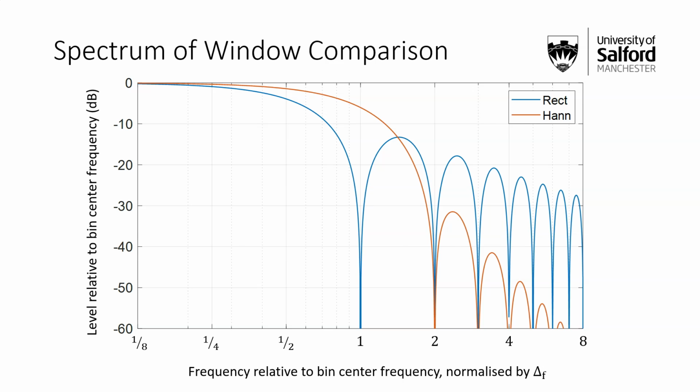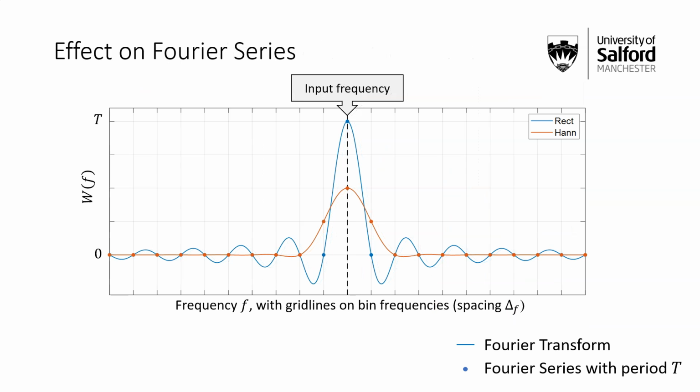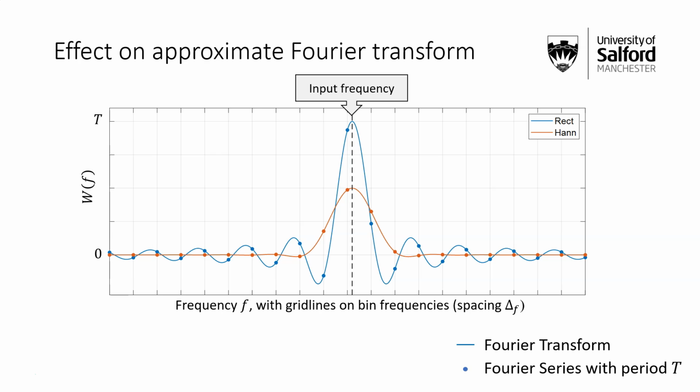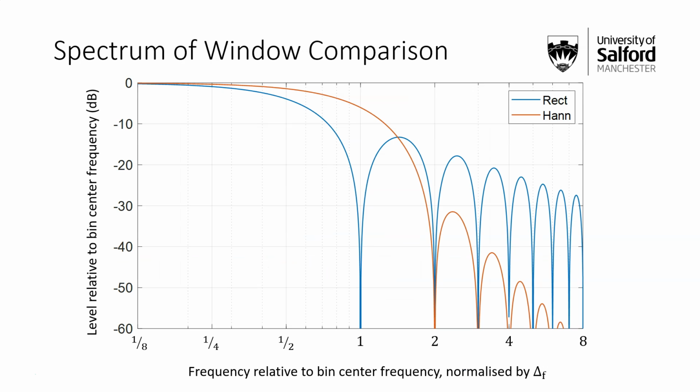The Hanning doesn't. That's because of these two half values at the two neighbouring bins on each side. But after that, it attenuates an awful lot faster than the rectangular window does. So we get about 20 dB a decade with a rectangular window, and we get about 60 dB a decade attenuating our spectral smudging with a Hanning window.